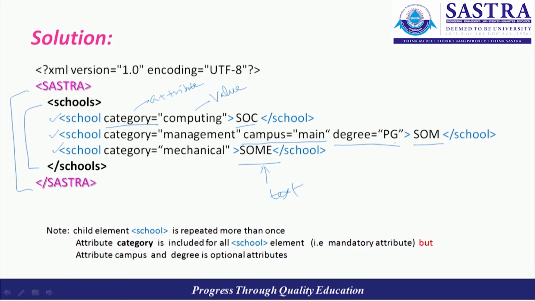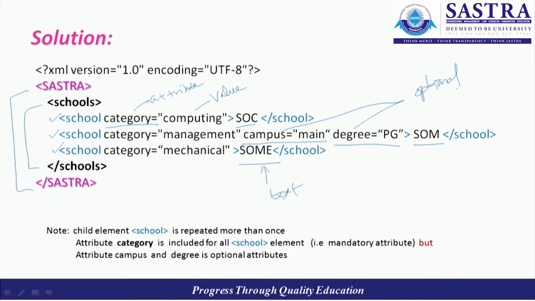We may ask one more question here: why can't we repeat campus and degree for the first school as well as the third school? In the sense, I can say the campus and degree are optional attributes. These are the two optional attributes. These are not mandatory.